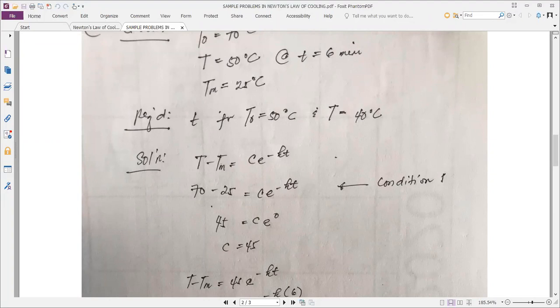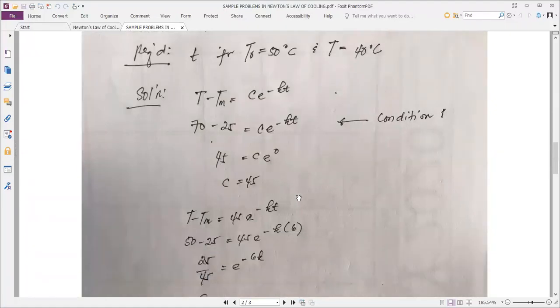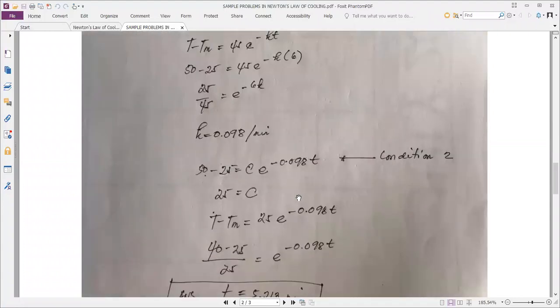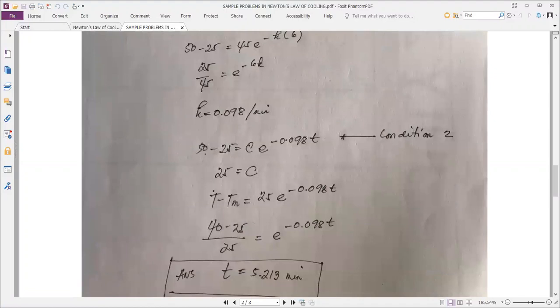Anyone? Minus from 11 minutes. Correct. So if you subtract it from 11, your answer should be 5.2103, right? Did you get that answer? Yes, Miss. Okay, so let's see what Miss Ali did here. Let's see if the answer of Miss Ali will be comparable to yours. So it's 5.213.